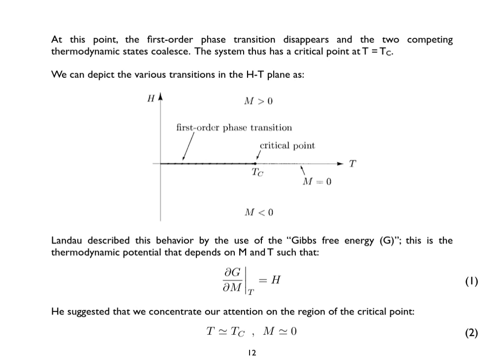It's a first order transition. So this would be first order here, the transition across this line. Second order transitions are where you come in this way. We are interested in second order.